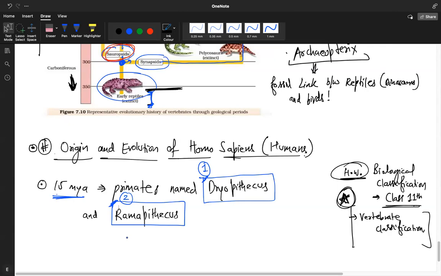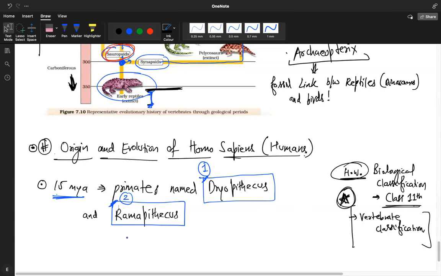Okay, from the start. Their body, full body, was covered with hair, and they walked like chimpanzees do, taking the help of all four appendages, right? Have you seen a chimpanzee walking?